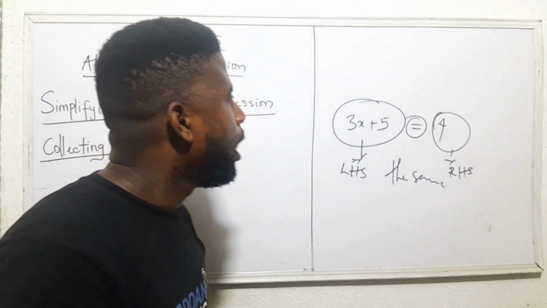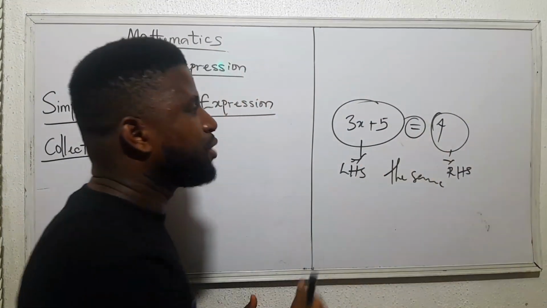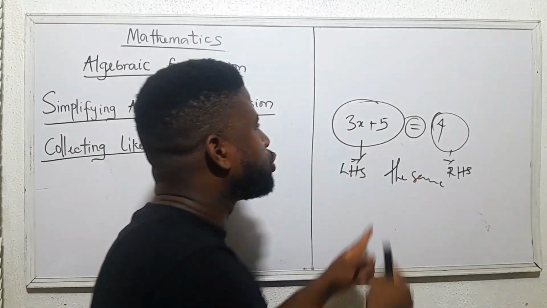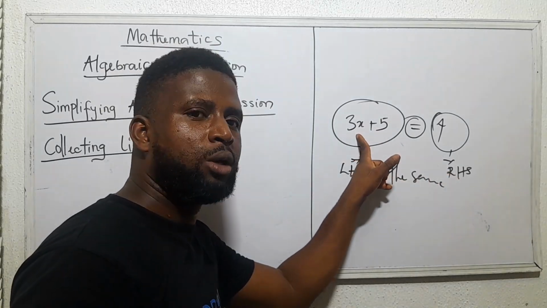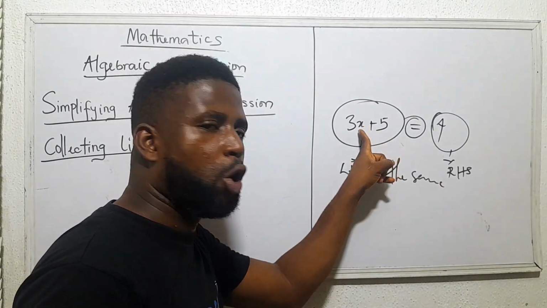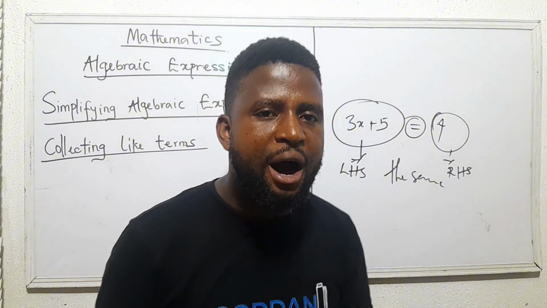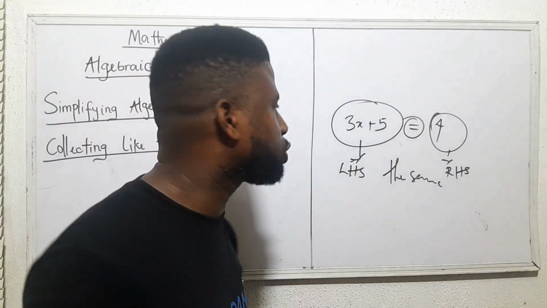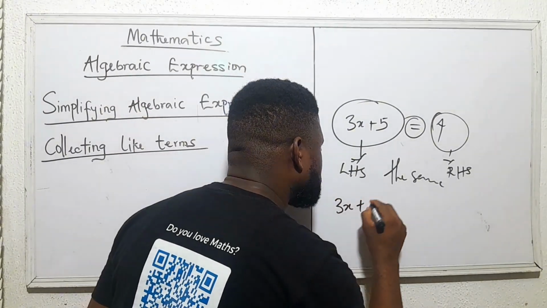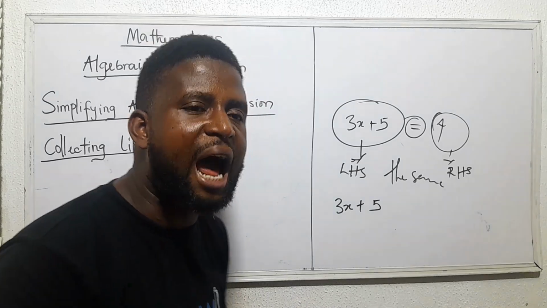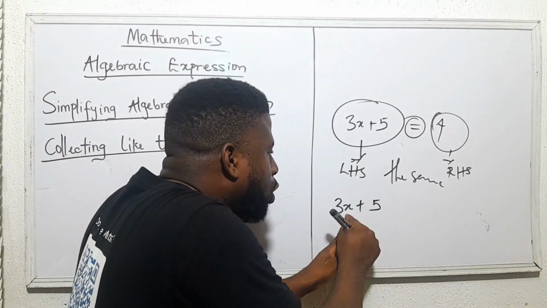right? So it is at this point that we can now solve to find the value of the unknown, which is x. However, if it is an expression, which is 3x plus 5, you can't find the value of the unknown.